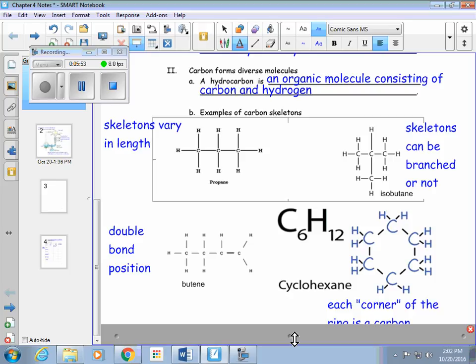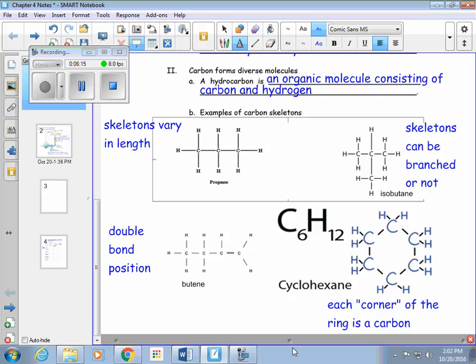Now my bottom row here, bottom left-hand corner, I have a picture of the chemical structure of butene. And what you'll notice, hopefully you'll notice, is that this bond in here looks a little bit different. That's a double bond. So whereas everything else is a single bond, those are double bonded carbons in there.